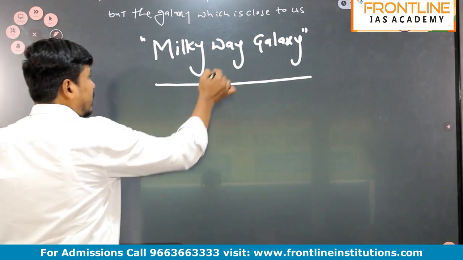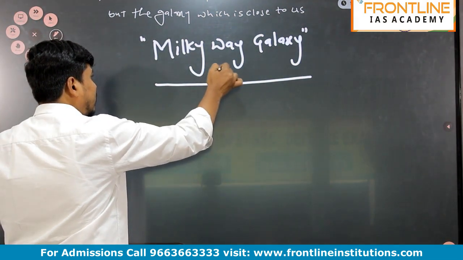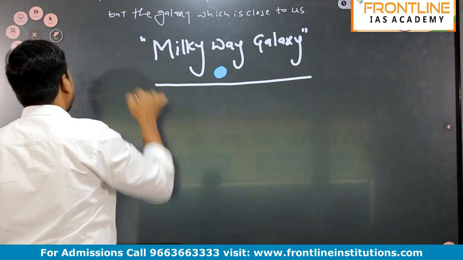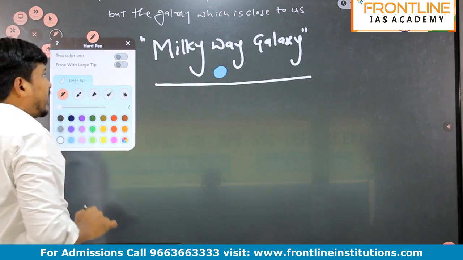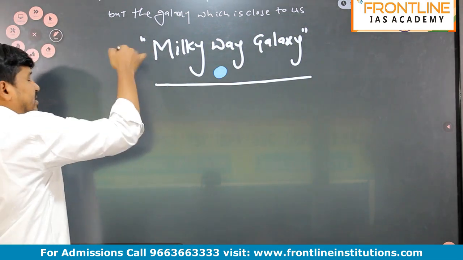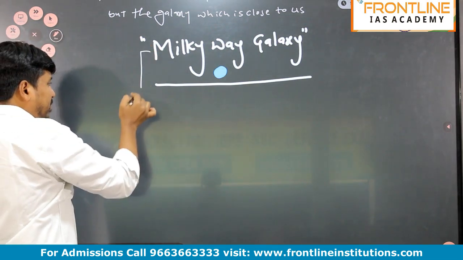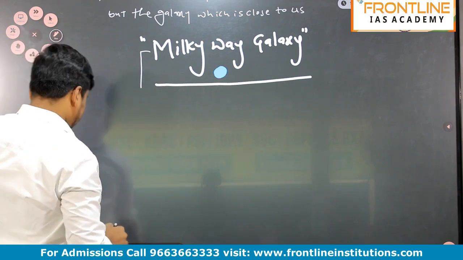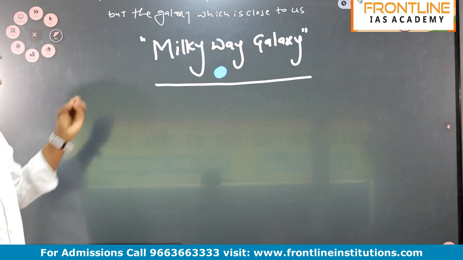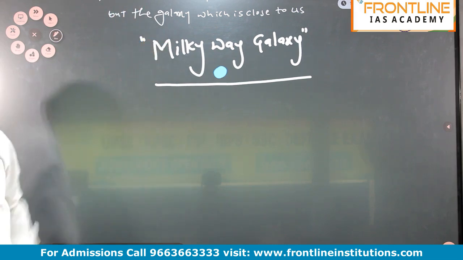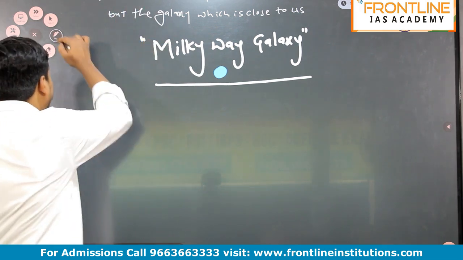If you get the question, where is the Earth located? Earth is located in the Milky Way galaxy. The Milky Way galaxy has billions of stars. Many stars are there in the Milky Way galaxy, but the star which is close to us is the Sun, and the Sun is located in the Milky Way galaxy, right?